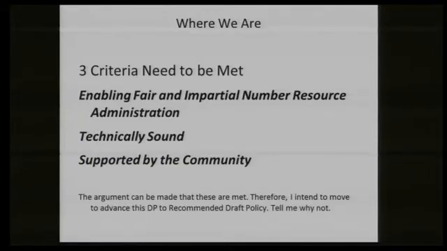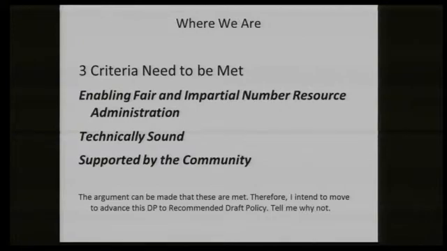I could go on at some length about all of these, and we'll be discussing some of the parameters of that when we talk about people's comments. But the argument can be made, and I might make in our meeting later this week, that these criteria have been met.